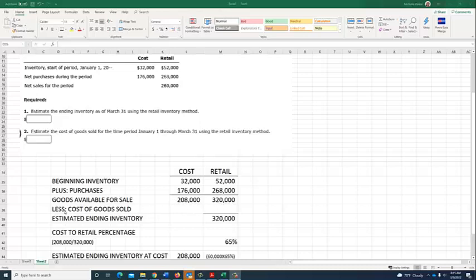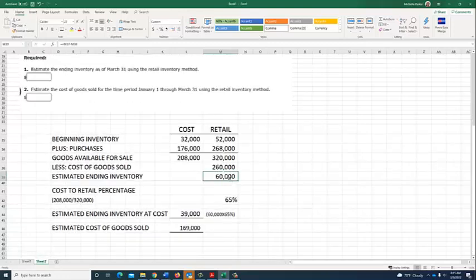Now the next line in the formula is to subtract cost of goods sold. Well, we don't know what our cost of goods sold is, but we do know what our net sales for the period was. So remember, our net sales is just really our cost of goods sold marked up at retail. So I'm going to enter the $260,000 next under cost of goods sold on the retail side, and that gives me the estimated ending inventory at retail.